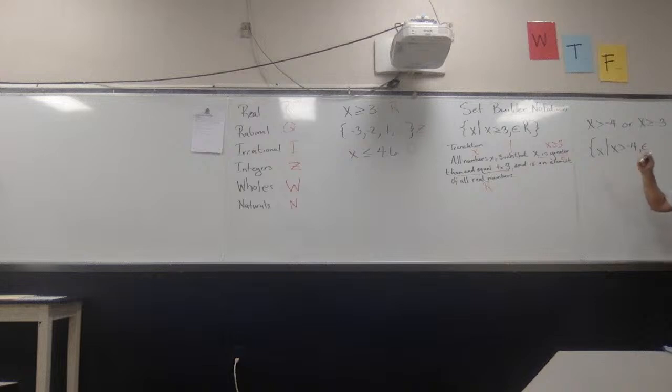And what do we call it? We said they were integers. So I'm going to put a Z here. So the element symbol is just there. It's an element of the set of integers, right? So this is true. Or I could write it using this inequality.